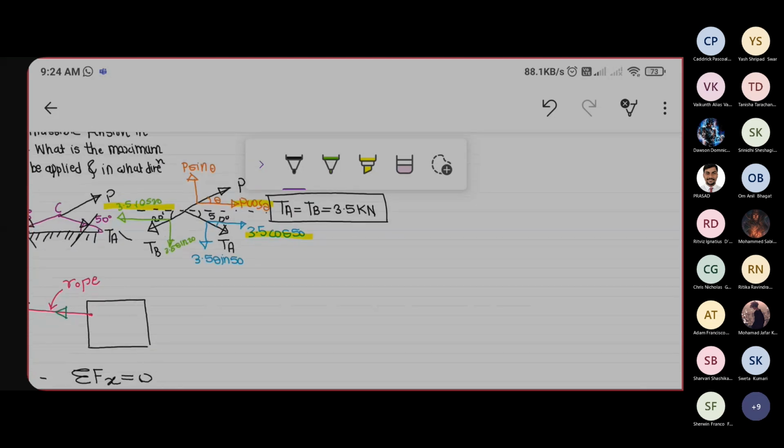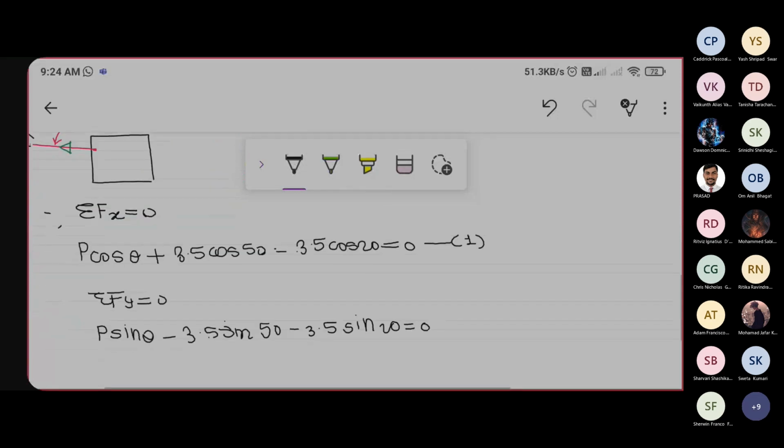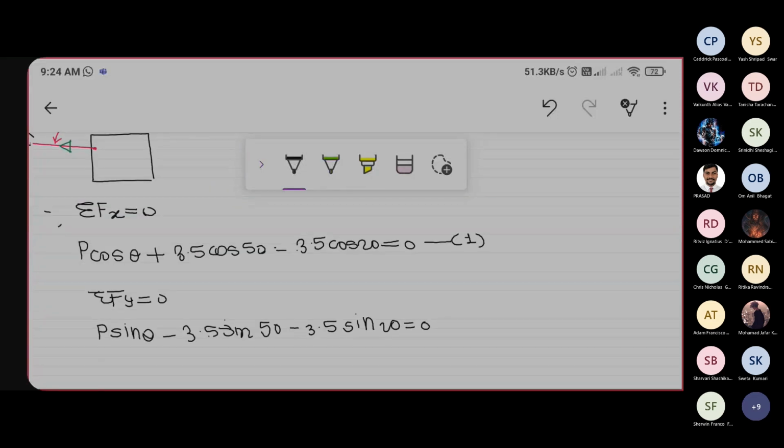Just remember, P sin theta is only positive, others are negative, is equal to 0. So we got equation number 2. Now use your calculator to solve these simultaneous equations and get the values of P and theta. Please solve this.